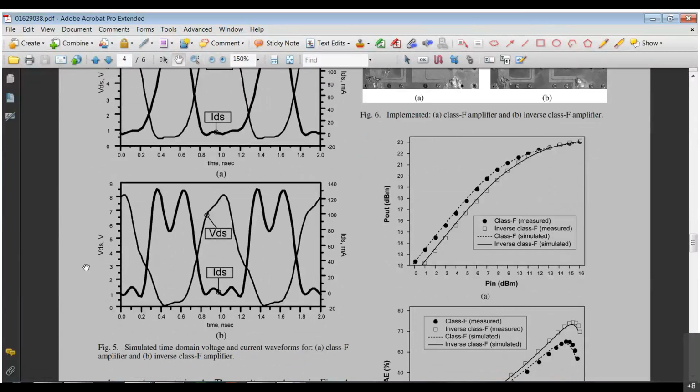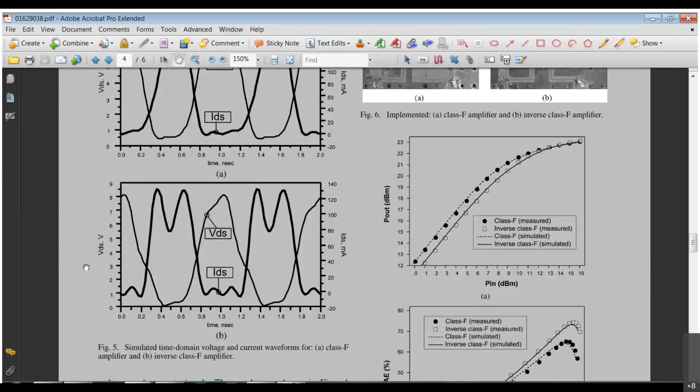So as I pointed out earlier, the main condition or the factor that you will have to look into in a circuit to label it as class F or inverse class F is the impedance that you will see when you look towards the load.